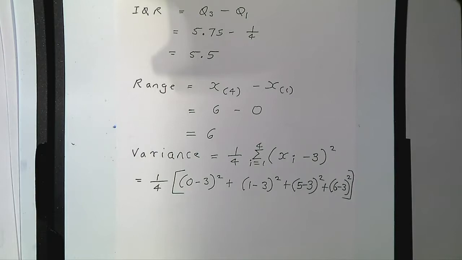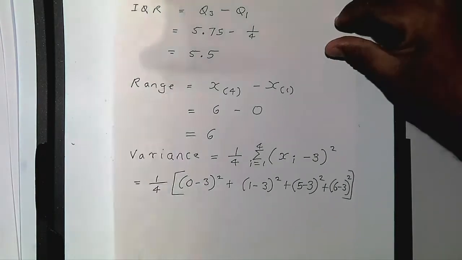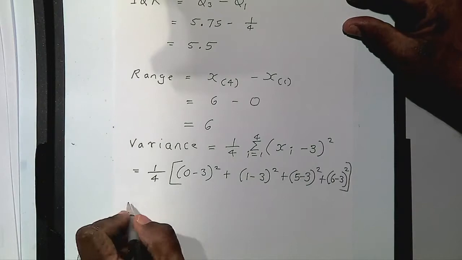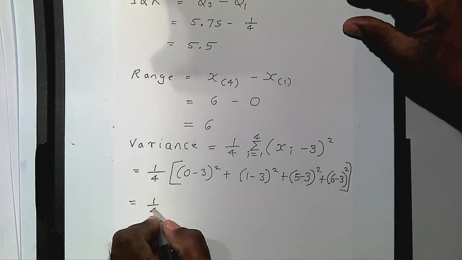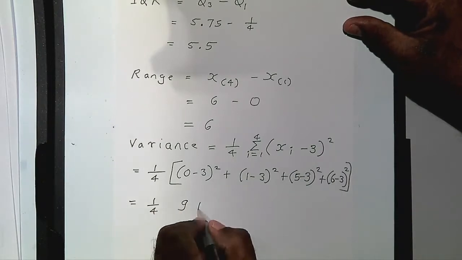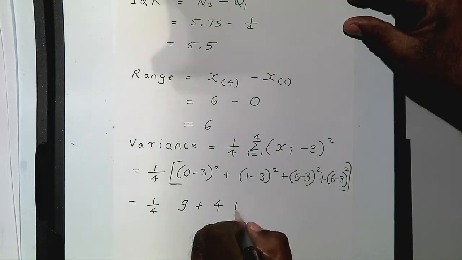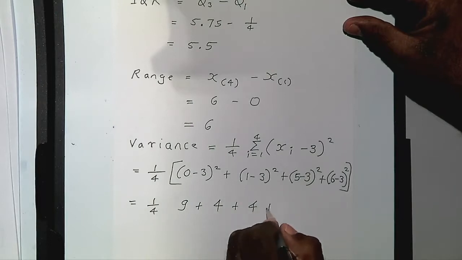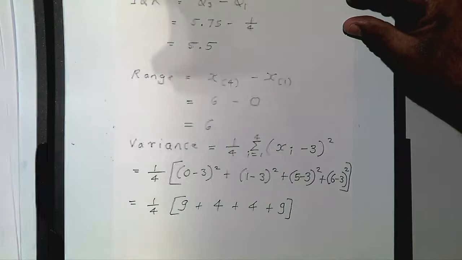And finally, the standard deviation is the square root of the variance. You can work this out easily. So it's going to be a quarter times 9 plus 4 plus 4 plus 9. All right?